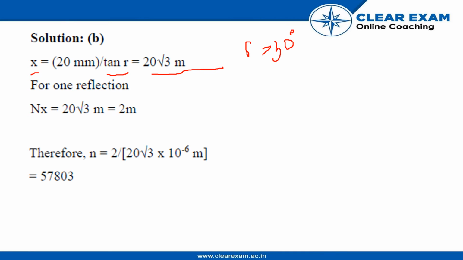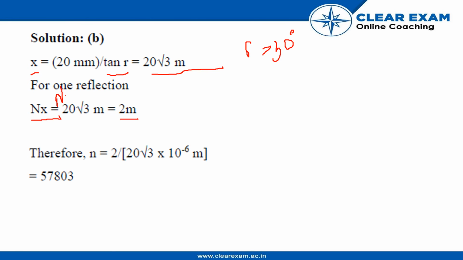Now we need to find the number of reflections. N into x is equal to 20√3, we have got that. Oh sorry, n into x, in this question n into x will be equal to 2 meters, and we don't know the value of n, but we know the value of x now.